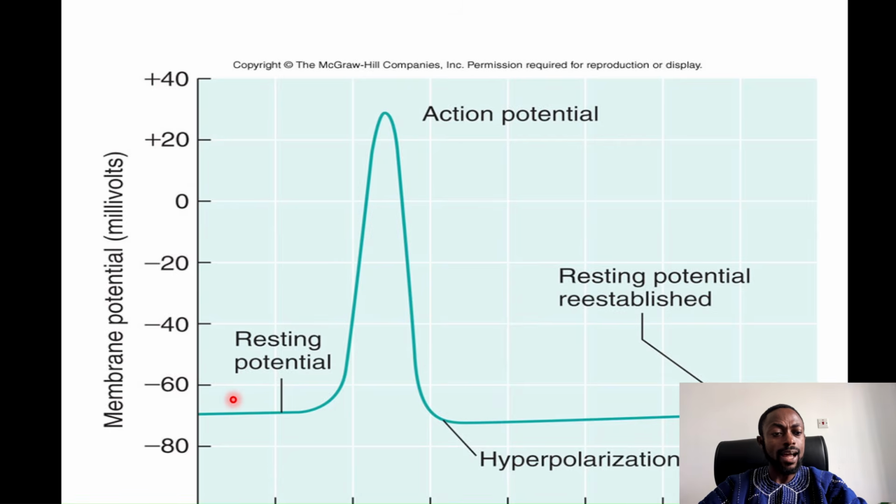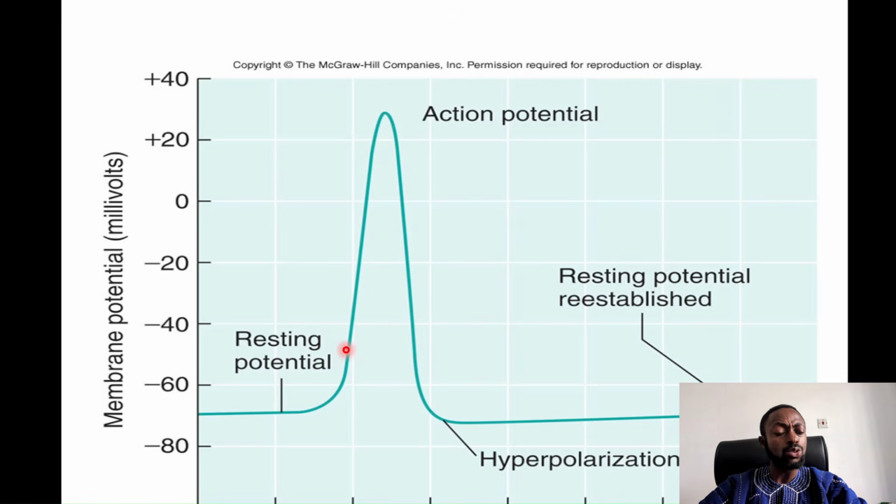Now, visually or graphically, this is how depolarization occurs. I will use this as a case study. Here, the cell is at a resting membrane potential of about minus 70 millivolts. Then voltage-gated sodium channels are open, and sodium ions are coming in. Whilst they are coming in, graphically, the membrane potential will start moving up like this. This is the graphical representation of depolarization.